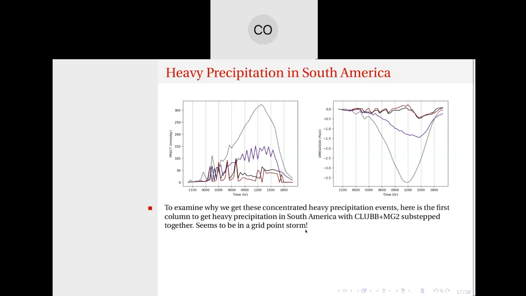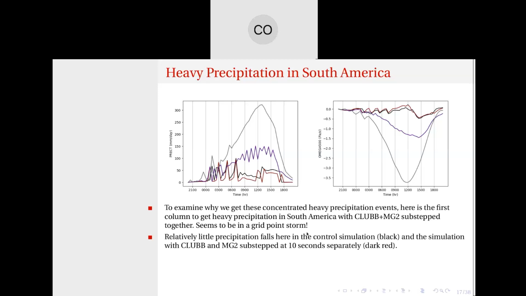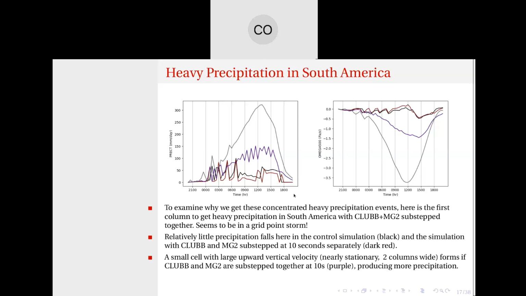So in the control simulation, which is shown here in black, and also the simulation where CLUBB and MG2 are coupled at a 5-minute interval, which is in dark red, you really see relatively low total precipitation compared with the other simulations.